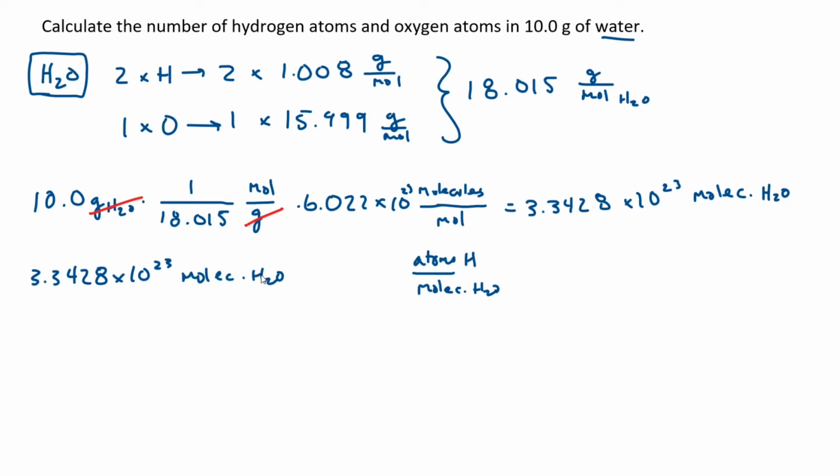Again, we can see how this is just going to be another type of unit conversion problem. Okay, and there are 2 atoms of hydrogen per 1 molecule of water. So this gives us an answer of 6.6855 times 10 to the 23. And again, we can cancel out our units, molecules of water, and we're left with atoms of hydrogen.